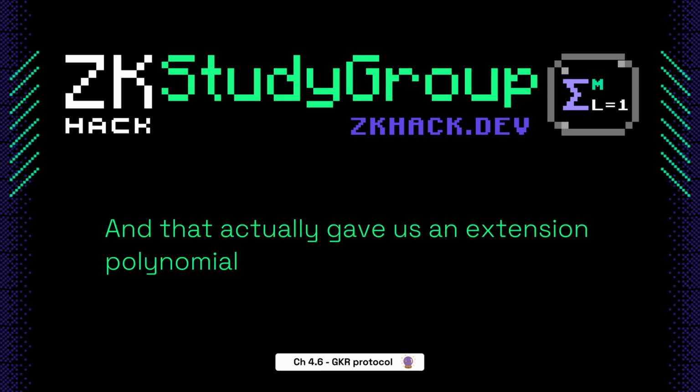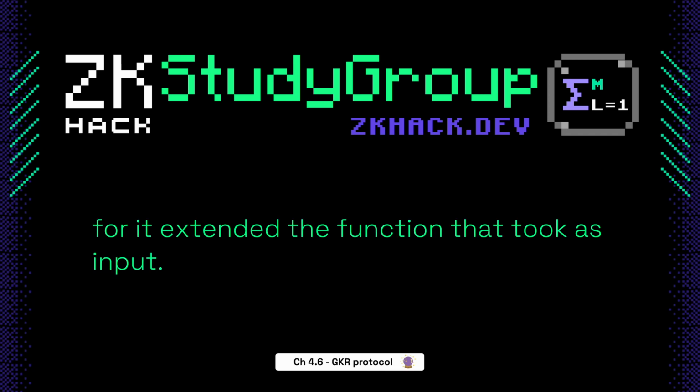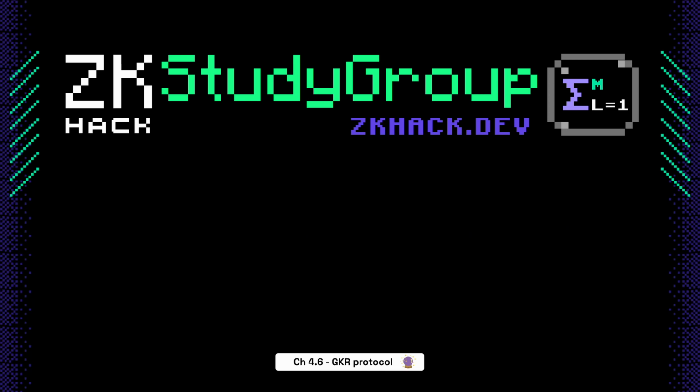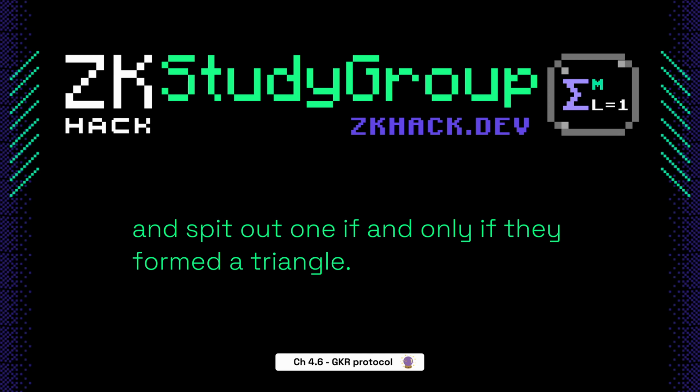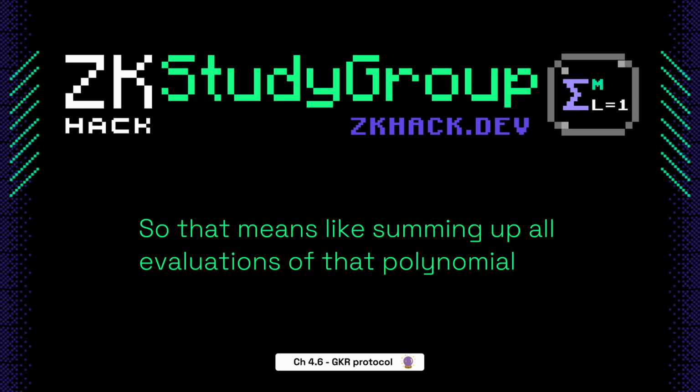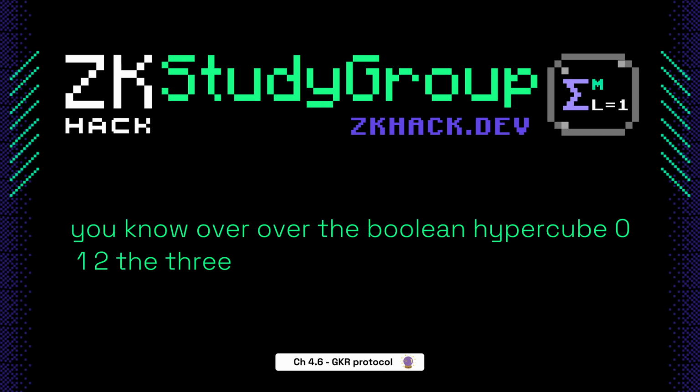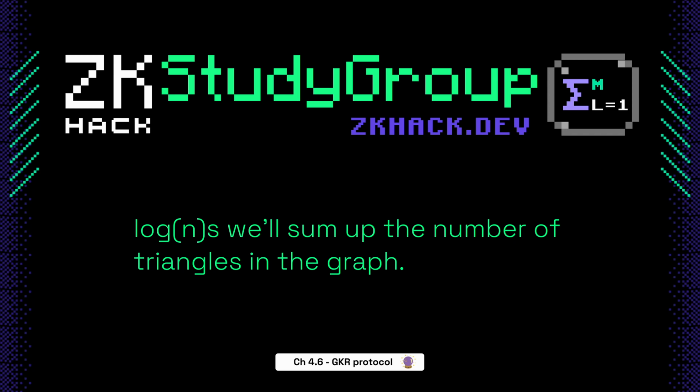That gave us an extension polynomial of the function that took as input three vertex labels from the graph and output one if and only if they formed a triangle. So summing all evaluations of that polynomial over the Boolean hypercube, {0,1}^(3 log n), gives the number of triangles in the graph.